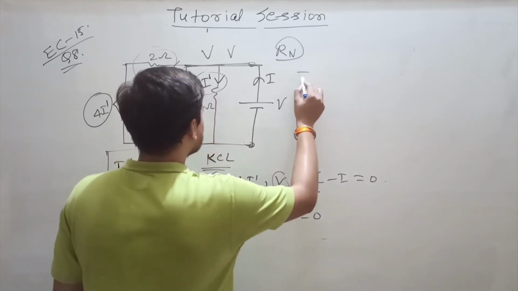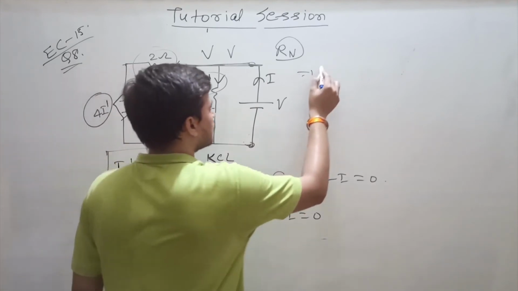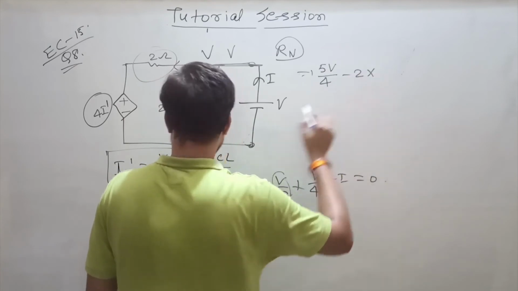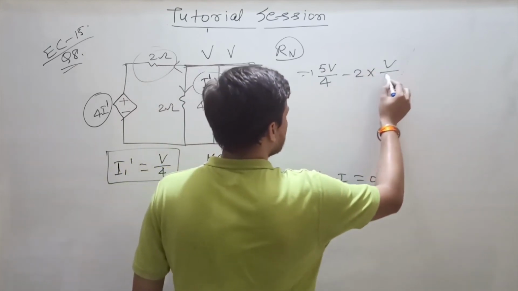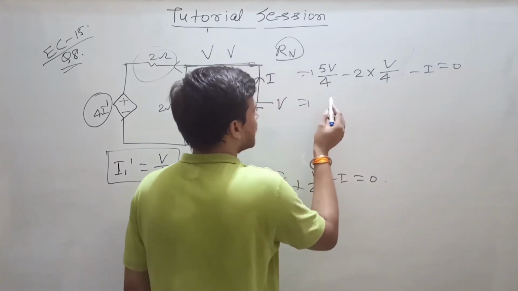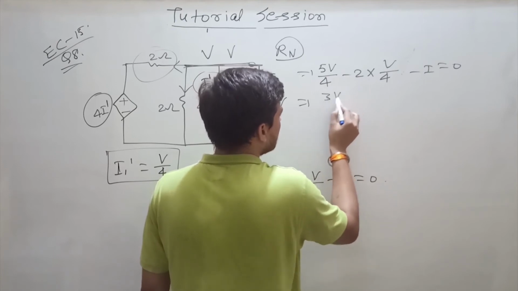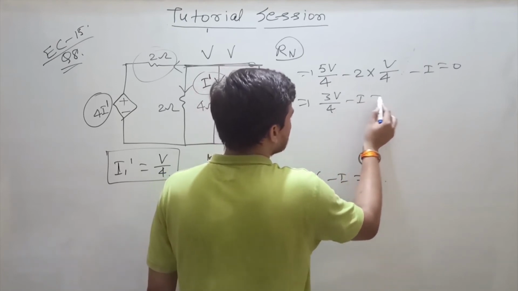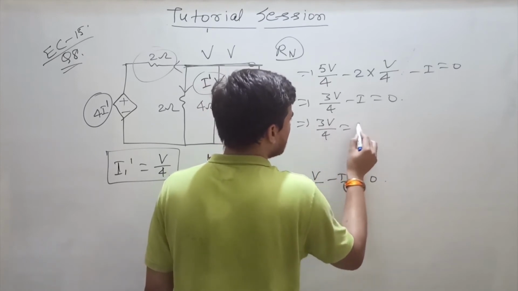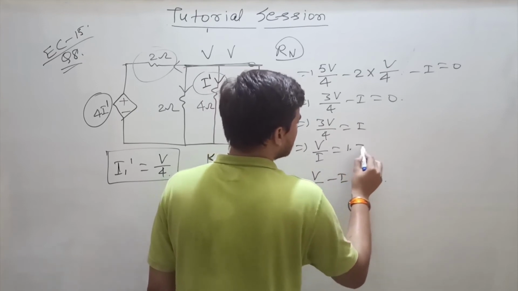Now what do you know? You know I dash is equal to V by 4. So you write 5V by 4 minus 2 into V by 4 minus I will be equal to 0. That means 5 minus 2, 3V by 4 minus I equal to 0, which means 3V by 4 equals I. From here V by I will be equal to 1.33 ohm.